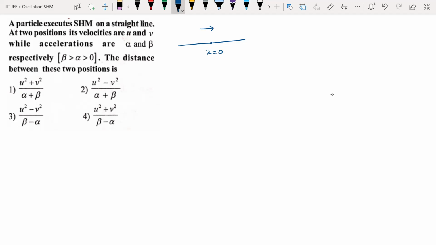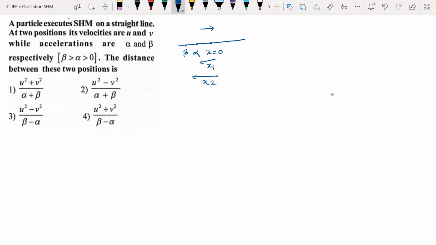Now beta is greater than alpha, which means beta is a higher acceleration, right? That means it is much more displaced than alpha. So let's say this is the location where we get beta acceleration, and this is the location where we get alpha acceleration. Let's assume this is x1 displacement, this is x2 displacement.